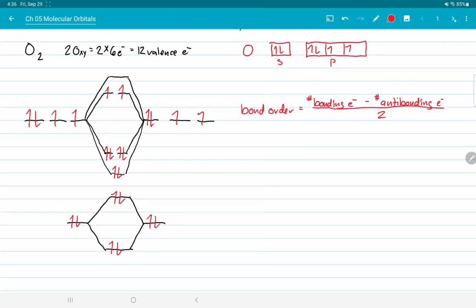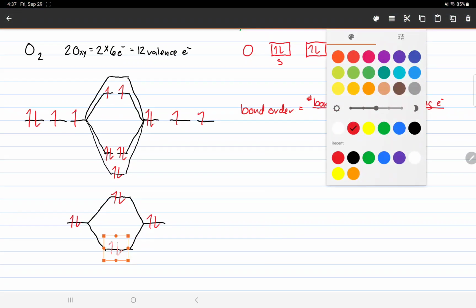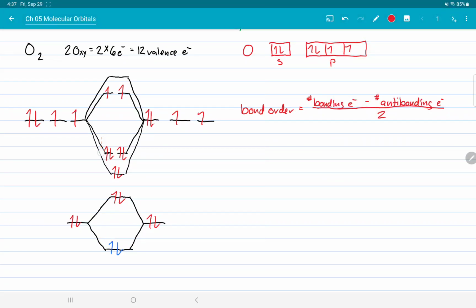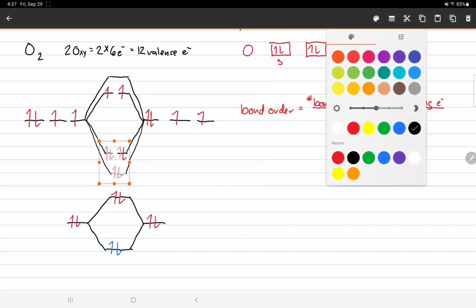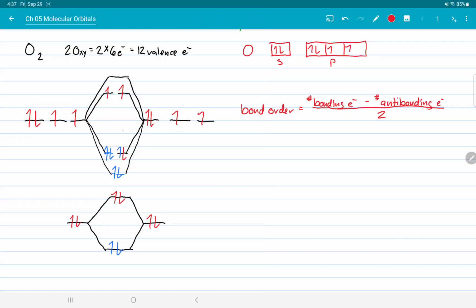So our bonding electrons, those would be bonding electrons. Those would be bonding electrons.